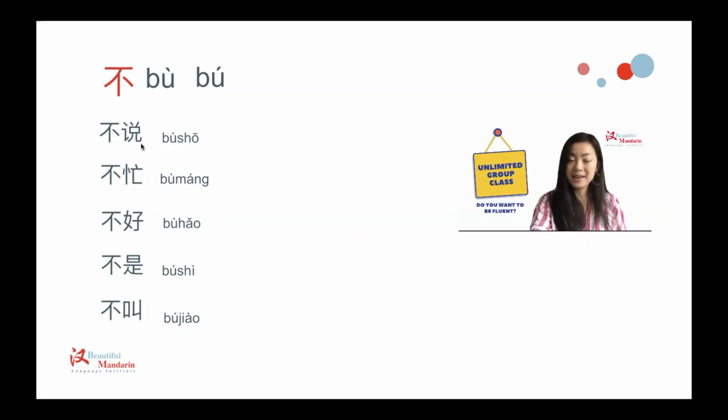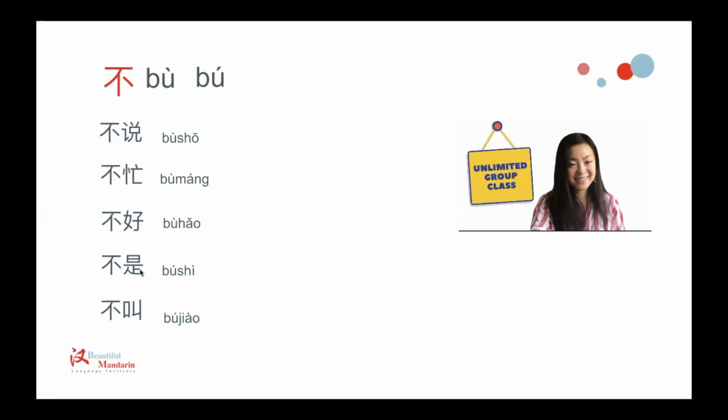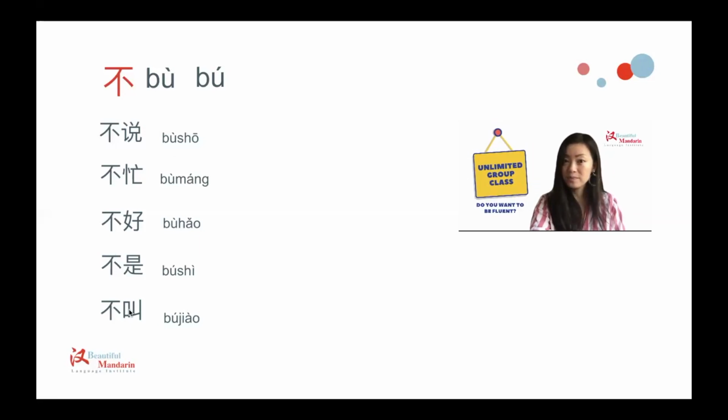Let's see those examples. First one, 不说, don't speak. 不忙, not busy. 不好, not good. 不是, is not. 不叫, my name is not called, something like this, or the name is not.